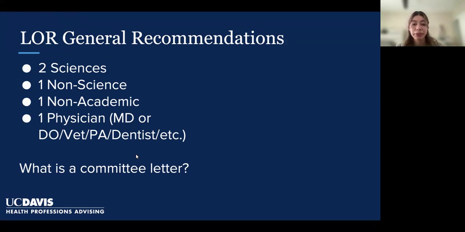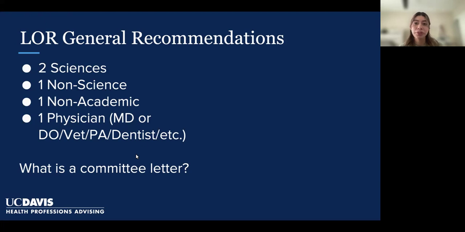Some of the CASs, the application sites, like AMCAS, can let you upload up to 10 letters. Doesn't mean that you have to get 10 letters. It just means that you can upload up to 10 letters. And with AMCAS, you can decide which schools you want to get those letters, since schools have specific requirements.